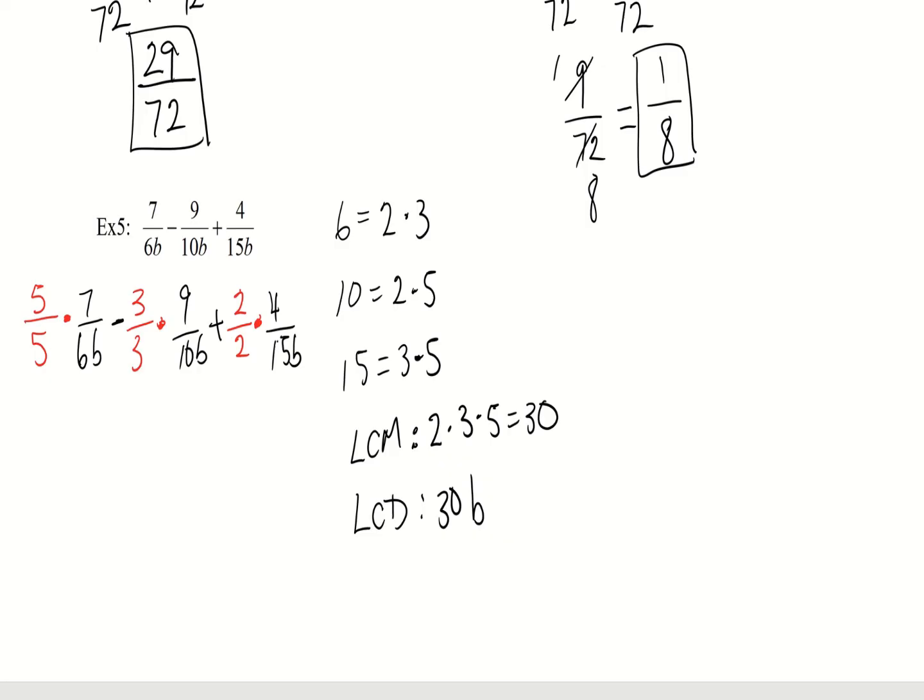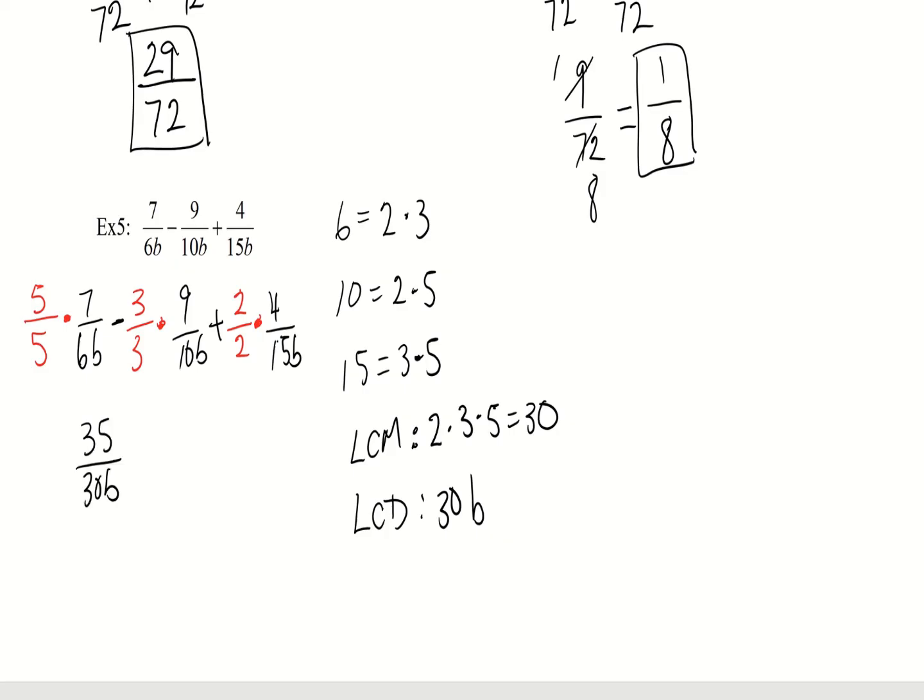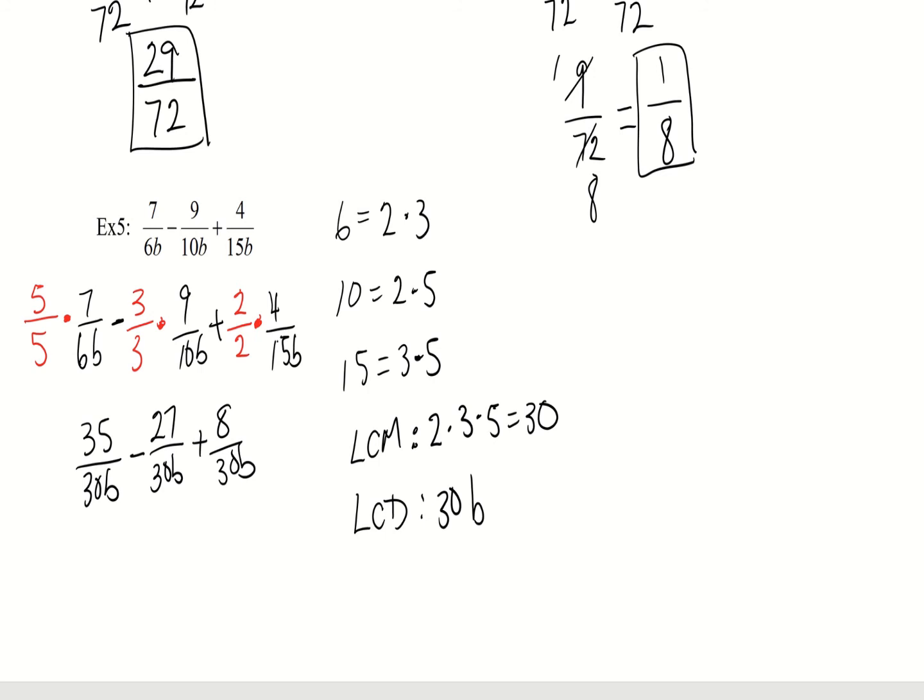So each denominator will be 30b. So that first term we have 35/30b. Each denominator will be 30b. And then minus 27/30b. And then plus 8/30b. So the denominator is the same, therefore we can simply add and subtract the numerators.